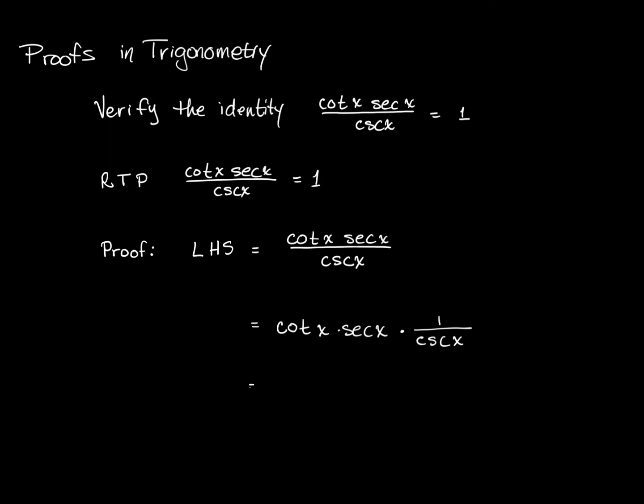The cotangent of x can be written as cosine of x over sine of x. Secant of x can be written as 1 over cosine of x. And 1 over cosecant of x is sine of x.